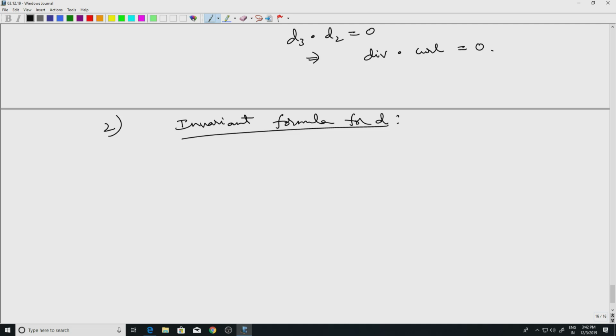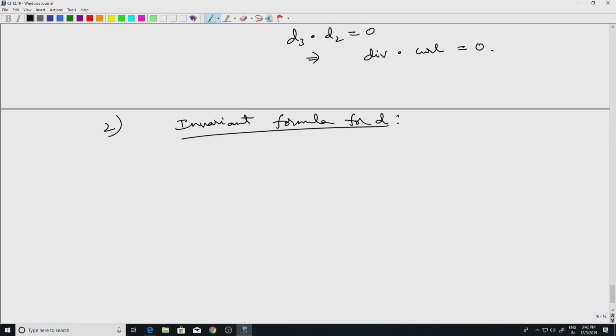I just mean something which does not use local coordinates as part of the definition. And it goes like this. I've already mentioned a special case of this, a formula for d acting on one forms. But in fact, it's true for any k form.